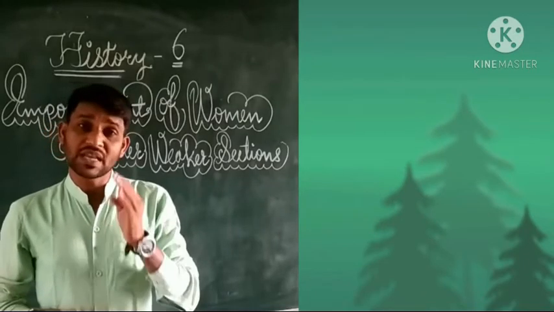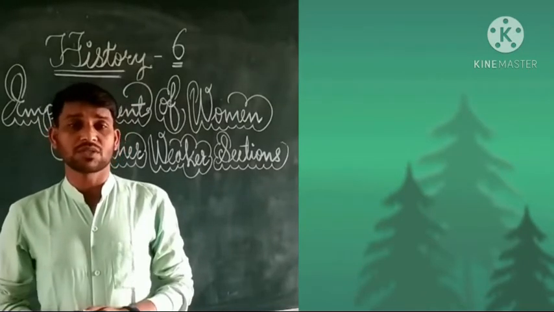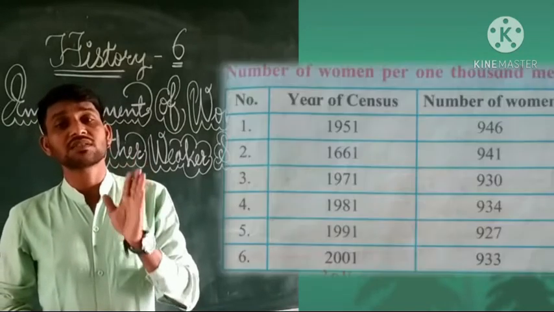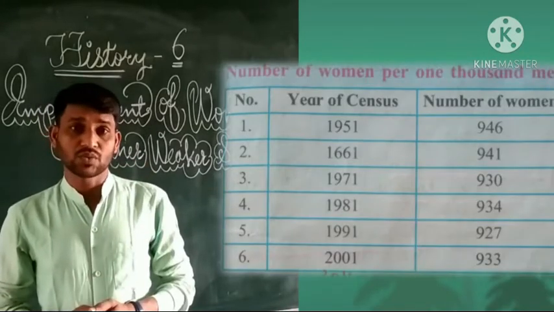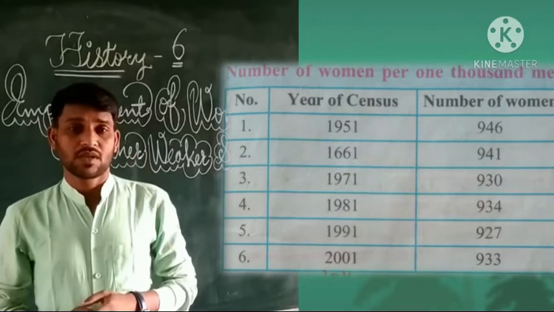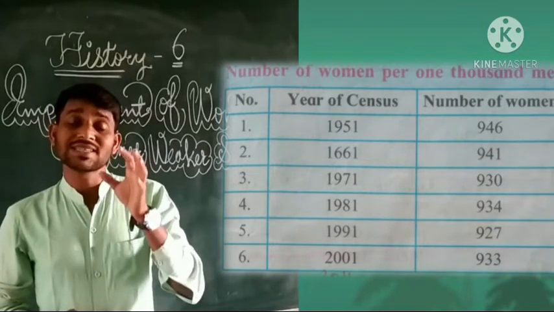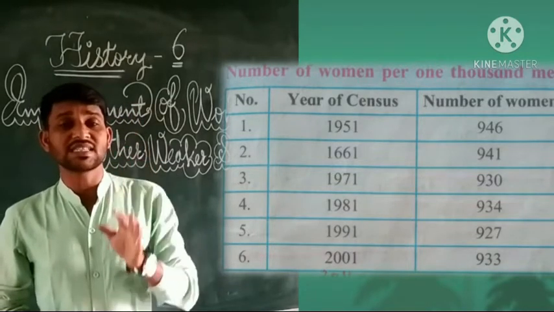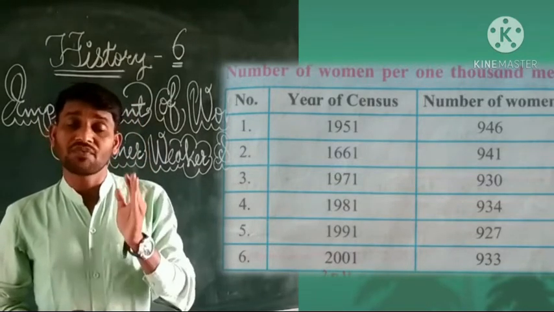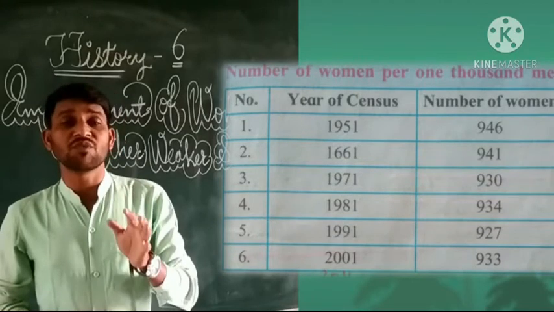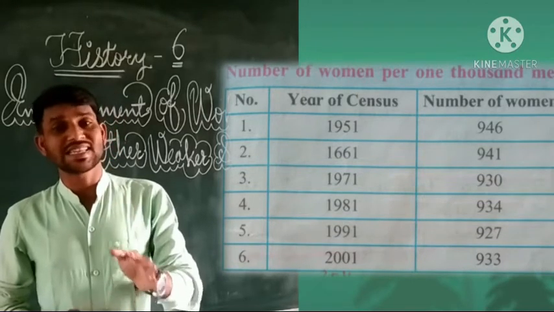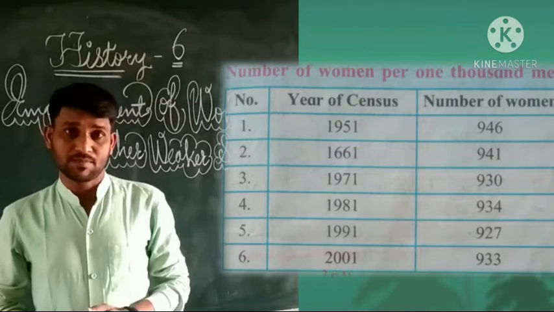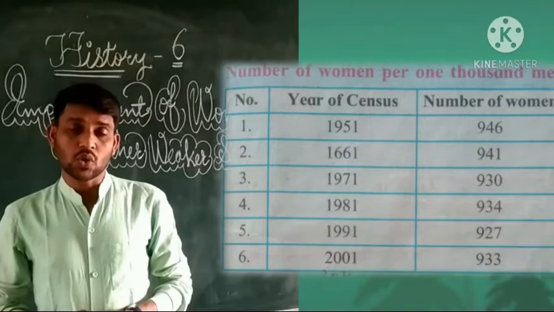So the very first thing, if we talk about the number of women per 1000 men, through the ratio or the yearly census. In the first census, we found that the number of women per 1000 men was lower.